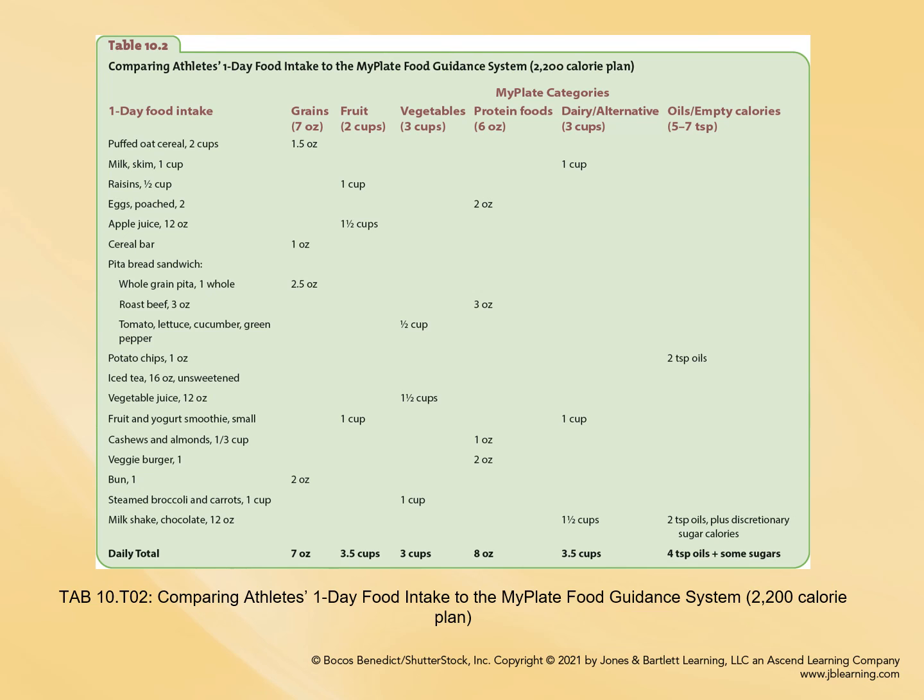So here, if we compare our daily value to our recommended value up at the top, the person has done well, has met the needs in grains, has exceeded fruit, has met the 3-cup vegetable, has met the protein, met the dairy, and not quite the oils and empty calories.